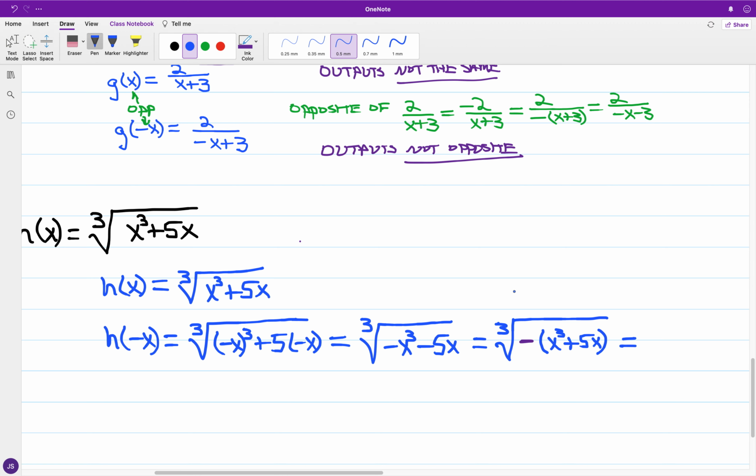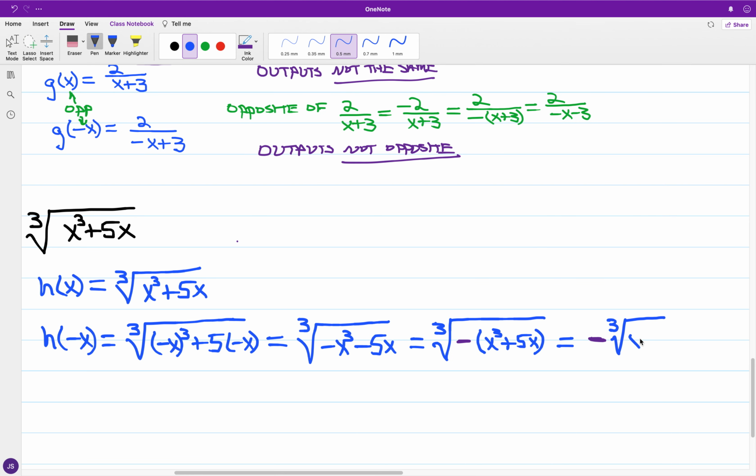And just taking that out, this will be the negative of the cubic root of x cubed plus 5x.